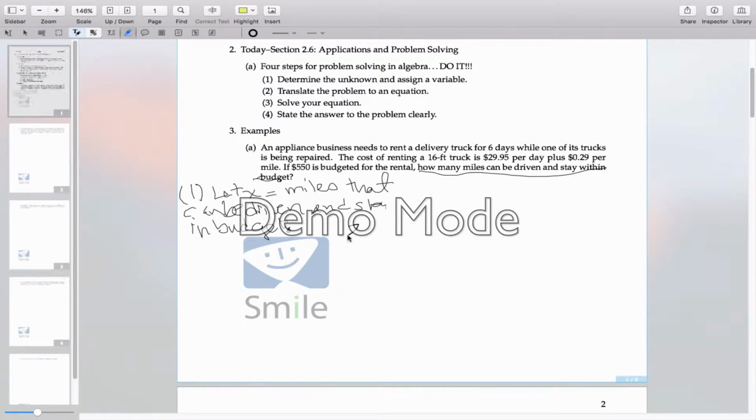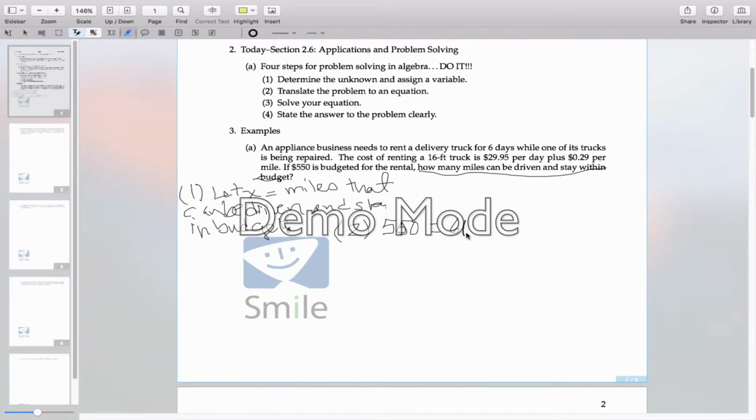Now, I'm going to write step 2 as my equation. So I know that the total cost has to be equal to $550 or less. And I know that that cost comes from 6 days that cost $29.95 per day.